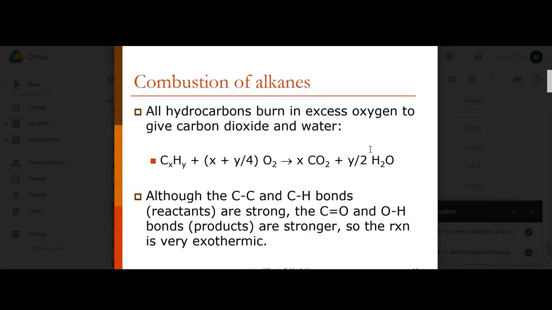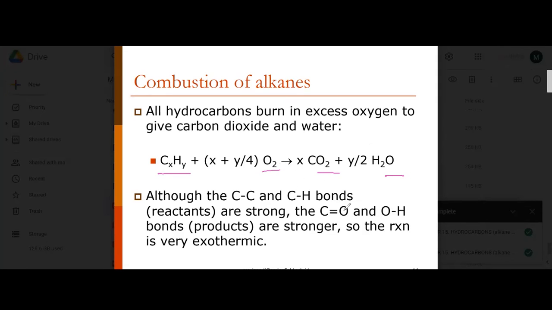Combustion of alkenes produces energy, so that's why alkenes are used for fuel, right? Petrol, LPG, LNG, etc. And you know that every combustion reaction needs oxygen. So you can see that the equation of combustion is CxHy with O2 to form CO2 and H2O. These are the products of combustion.